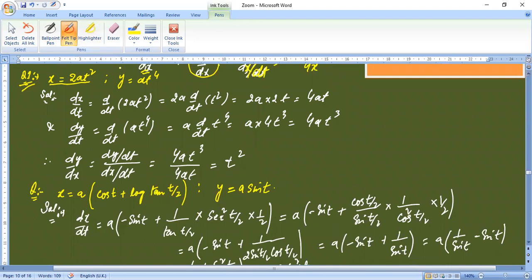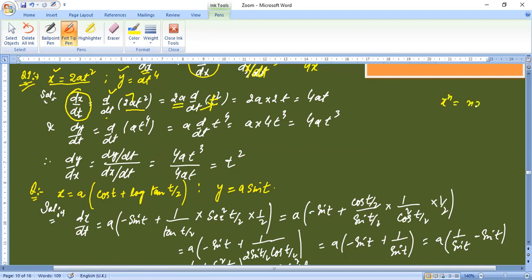Here y is a function of t and x is a function of t. First we need to find dx by dt, right? Now it means we need to differentiate x with respect to t. So this is d by dt of x, right? So 2a are constants, they will come out of differentiation. The differentiation will apply to its variable, that is t. See here. Now this is exponent form, x raised to n form.